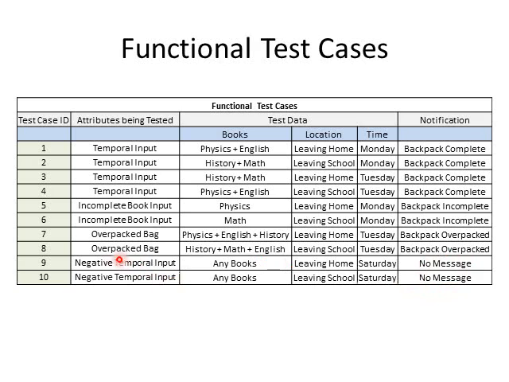I need to check that if my backpack is overpacked, a message is sent saying overpacked. I need to check that if there's an incomplete book, such as only a single book, I send the correct message. And I need to check my temporal inputs, which tell me on certain days whether my backpack is complete or not.